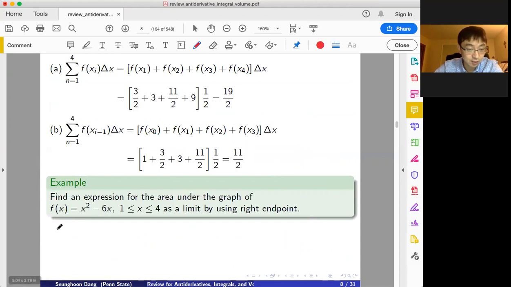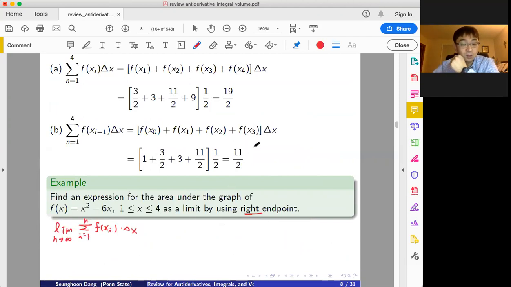You can use this one: limit as n approaches infinity of the summation i equal to 1 to n. We can use the right-hand point, xi star is xi, f of xi times delta x.